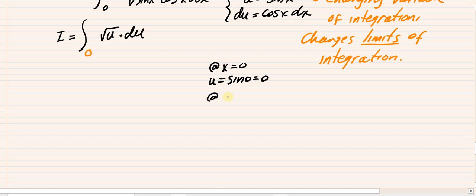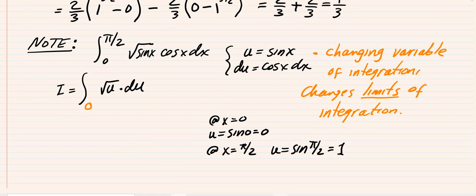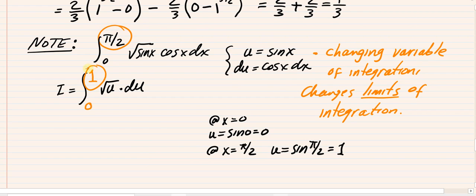At x equals pi over 2, u is going to be sine of pi over 2. And sine of pi over 2, sine of a 90-degree angle, is 1. And check this out. You see? The limits of integration changed, didn't they?